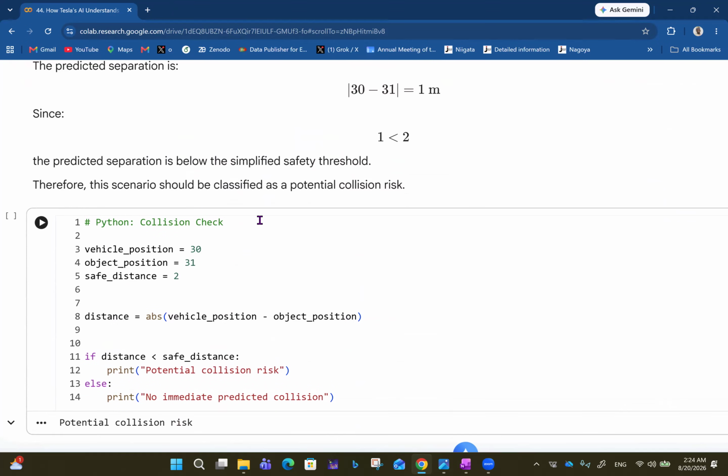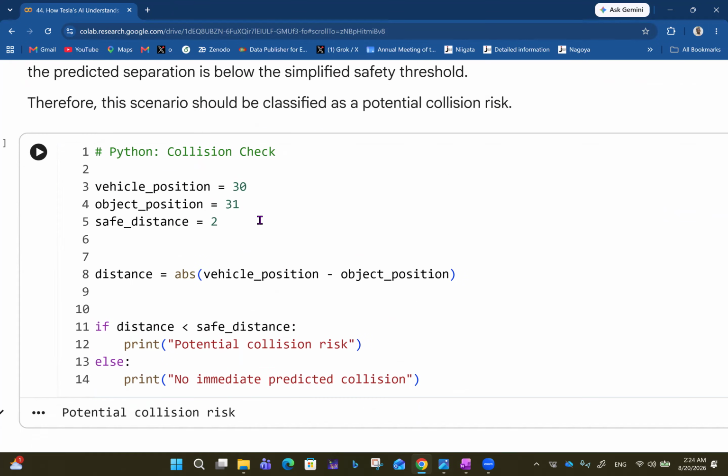So here we can have a collision check. Vehicle position is 30, object position is 31, safe distance is 2. If you calculate the absolute value between the vehicle position and object position, you get 1. If distance is less than safe distance, print potential collision risk. Else, print no immediate predicted collision. If you run this now, you get a potential collision risk.